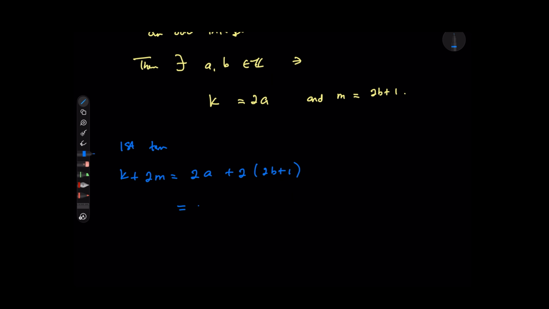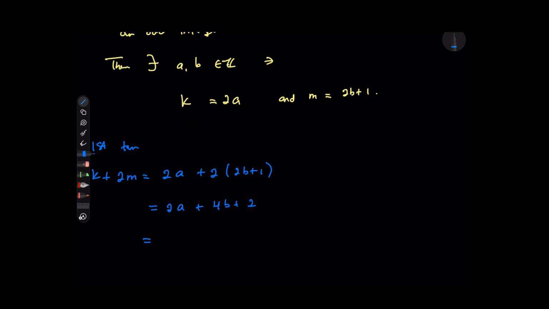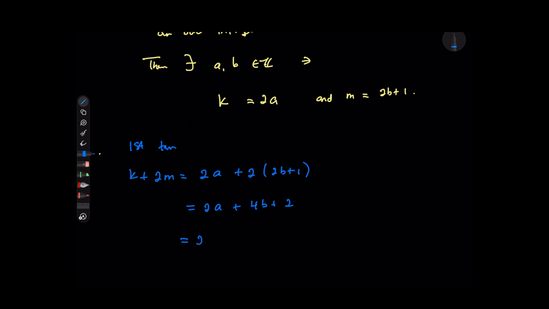So this will be equal to 2a plus 4b plus 2. And then I can factorize out the number 2 from all of this. So I'll have 2 into a plus 2b plus 1. Okay, so this is the first part here.